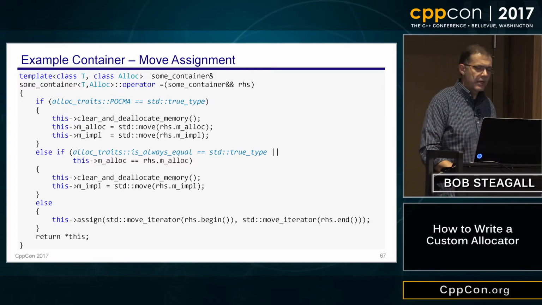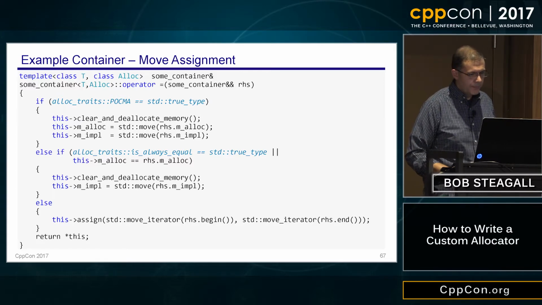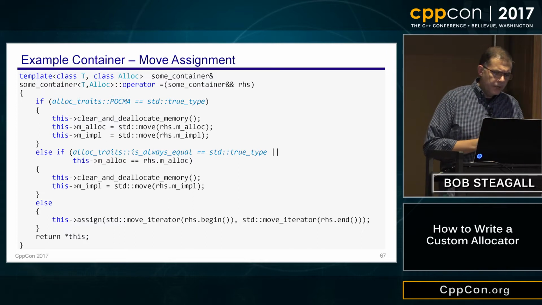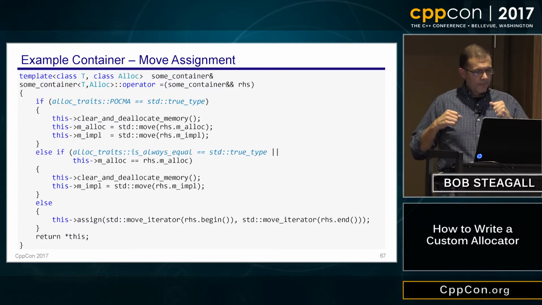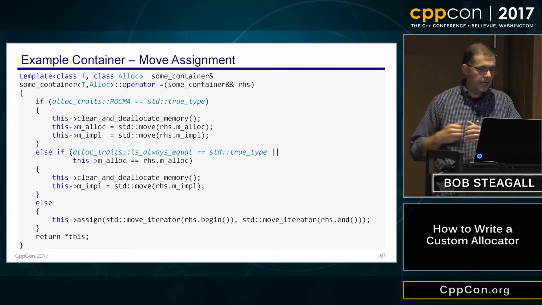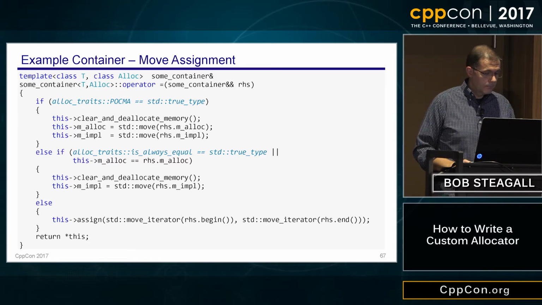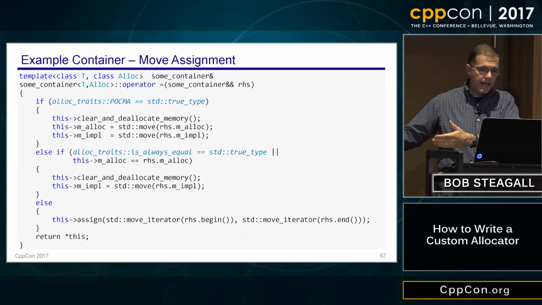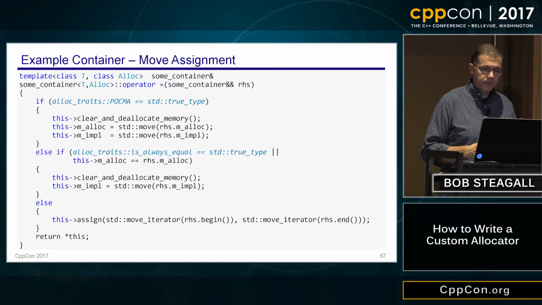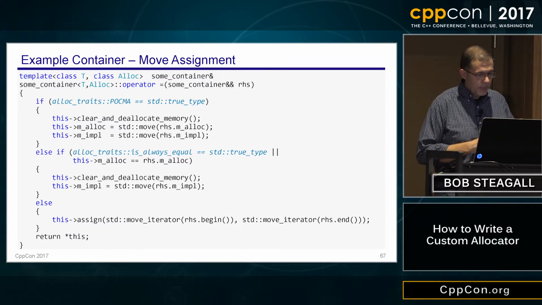Probably move assignment and swap are the trickiest. So here, if I propagate on move assignment, in other words, true_type is the value of the allocator traits' nested trait, then I want to clear my memory. I want to move my allocator from my source. I want to move my implementation from my source, and then I'm done.